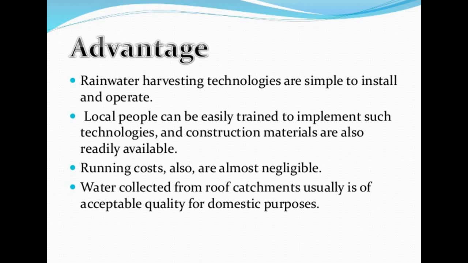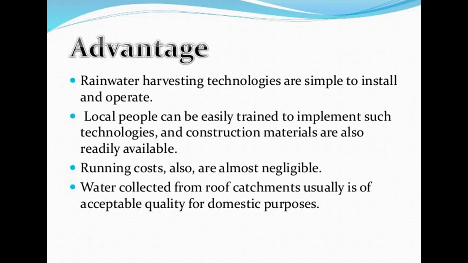You can make it with a little amount also, because you just have to make a rooftop on top of your home and it can collect the rainwater whenever the rain comes. So it is not going to take a lot of money to install and operate it. It just needs a little cooperation from you, that you save that rainwater under your top roof so that it could collect the rainwater.